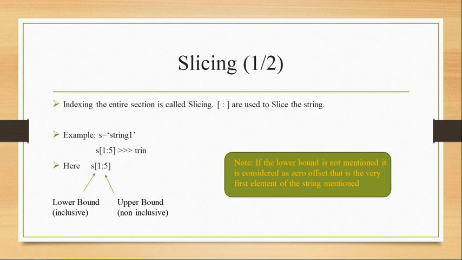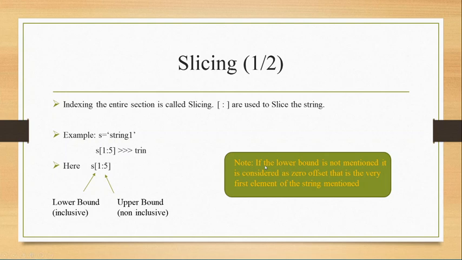Whereas the element which is present at the upper bound will not be considered. It is non-inclusive. The slice will go till upper bound minus one index only.